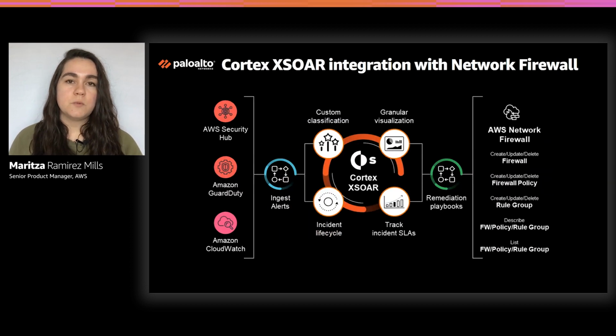Taking a look at one example, our integration with Cortex XSOAR, which is an automated orchestration and response integration, allows you to automatically create policy-driven responses to alerts that might happen in Network Firewall, as well as to coordinate responses across your AWS environment for any type of firewall deployment.